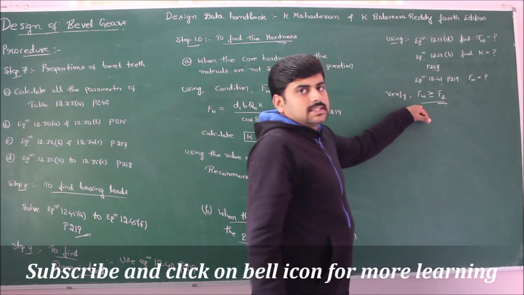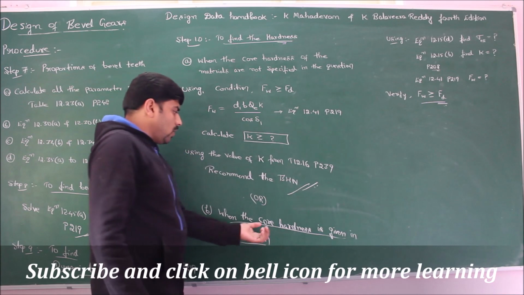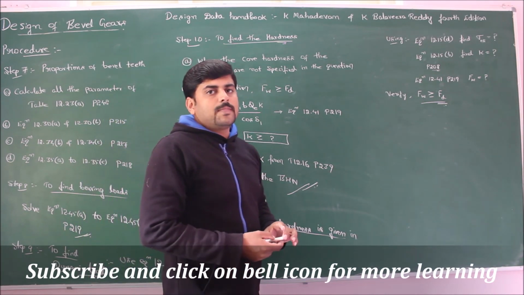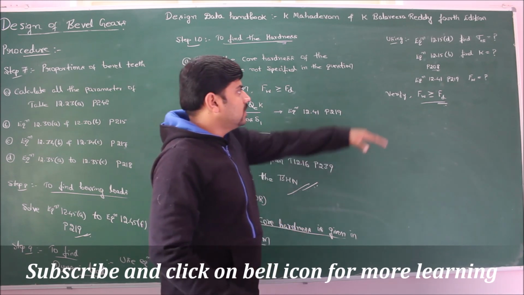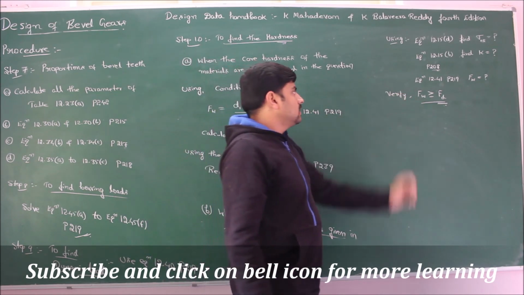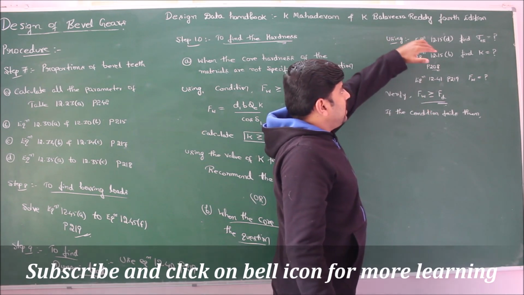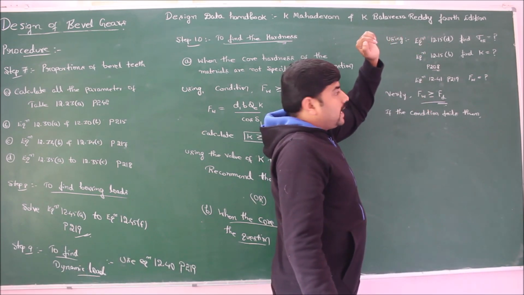If this condition is satisfied, then whatever the core hardness given in the question itself is the hardness for the pinion and gear material. If this condition fails, then you move back and find the value of K.